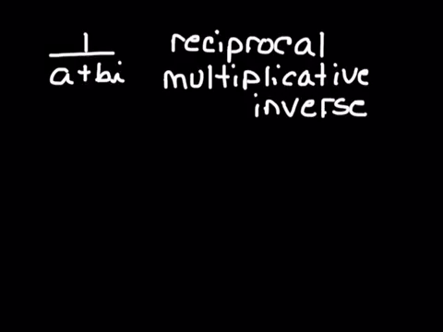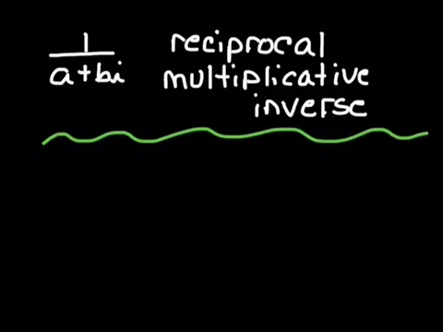Another term that we'll use as we divide complex numbers is the word conjugate. You first learned that word when you dealt with radicals and you had to multiply by the conjugate to get rid of the radical in the denominator. We're going to do the same thing here, because when we have a rule about dividing complex numbers, i is not allowed to be in the denominator.